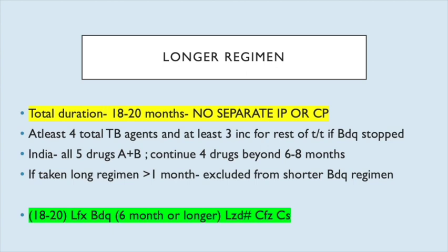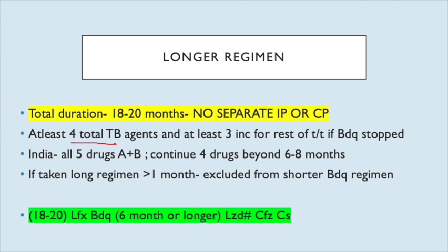So what is the longer regimen and what is the shorter regimen? The longer regimen has a total duration of 18 to 20 months. There are no separate IP or CP now, so it is the same. At least 4 of the total TB agents have to be started initially.